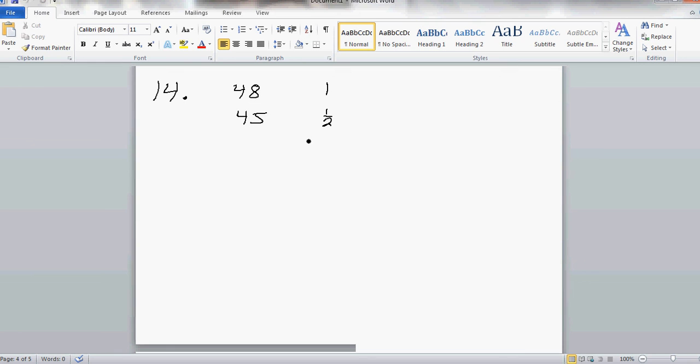And it asks how long did it take before it was a quarter full. Well, 3 minutes earlier, we would have had half of a half, which is a fourth.